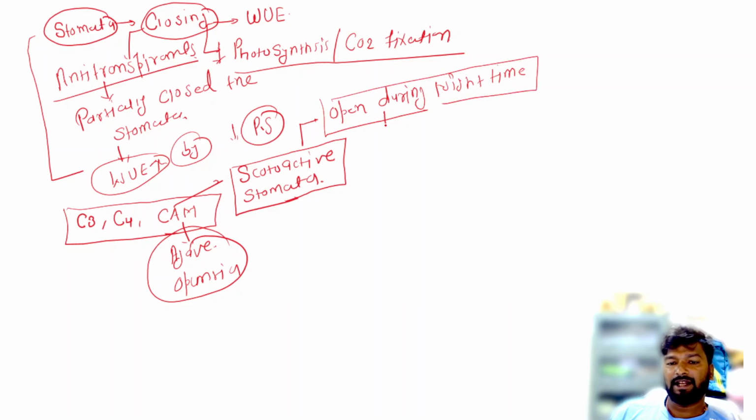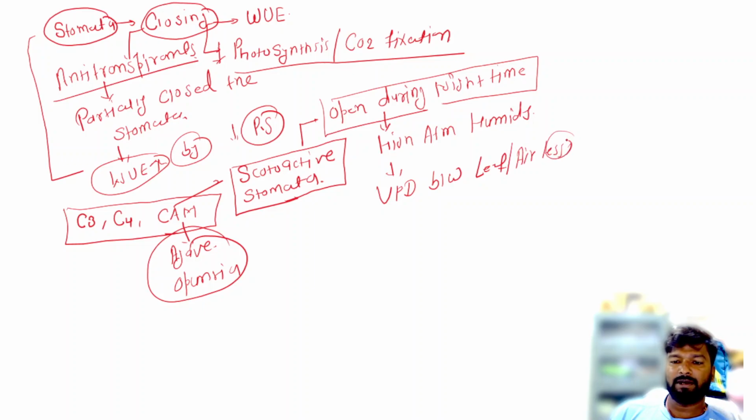and during the night time there will be a high atmospheric humidity, so VPD between the leaf and air is less, that is vapor pressure deficit, so there will be less transpiration.